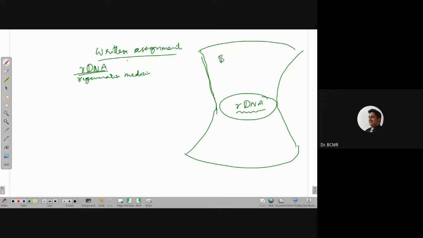This is all the basic science, from the knowledge about biology, molecular biology, cell biology. And here is the application. We want large amounts of a protein, or we want to make a vaccine. We want to have gene therapy. Anything we do, the center is rDNA.